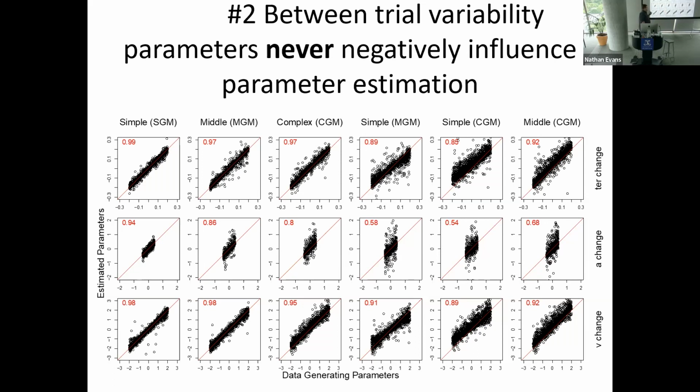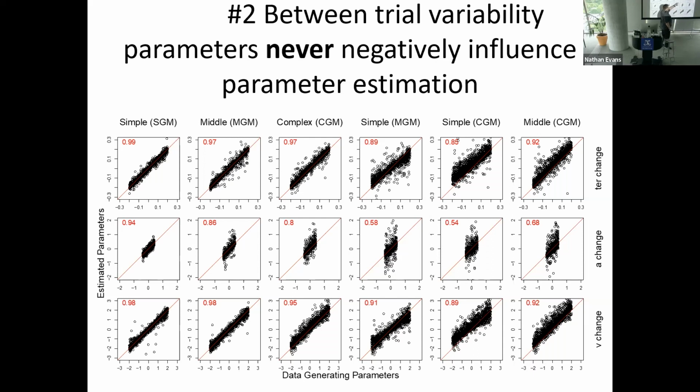Parameter recovery gets much worse when you start using these more complex variants of the diffusion model and you're trying to estimate differences between conditions. However, on the flip side, the three columns on the right are the misspecification fits. Simple and middle are the models being fit, MGM is middle, and these are the models being data generating.